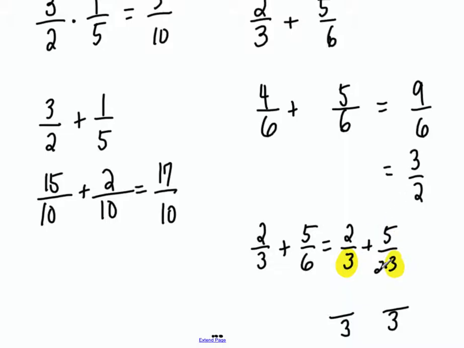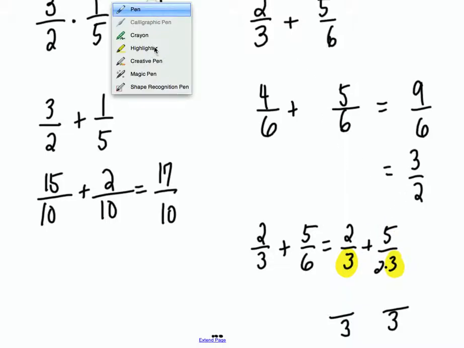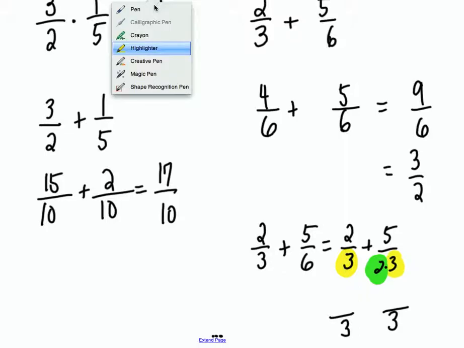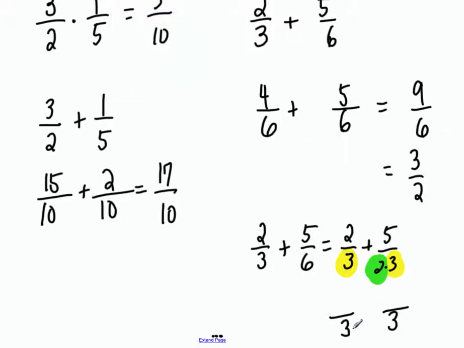This number is also a multiple of what? 2. So what else do I have to have on the bottom with it? A 2. And then what's 3 times 2? 6. Now look, 3 changed from 3 to 3 times 2. What's missing on the top?